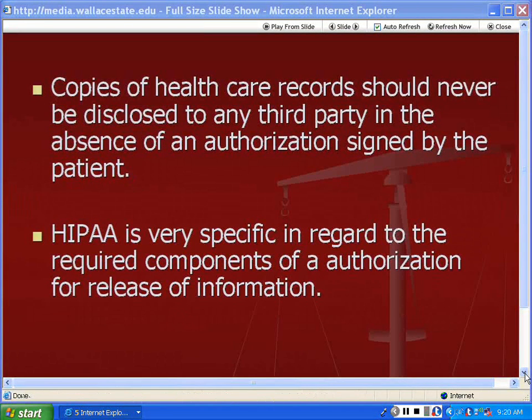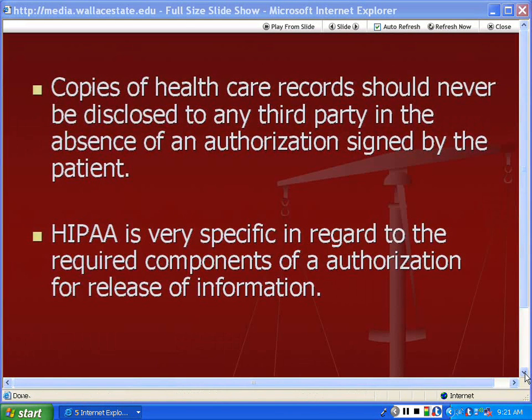There has to be a specific description of the information to be used. There has to be a statement about the ability or inability of the covered entity to condition treatment, payment, enrollment, or eligibility on whether the patient signs the authorization.